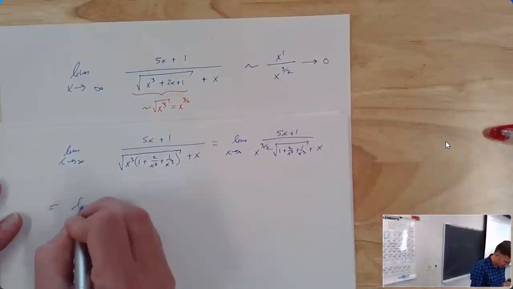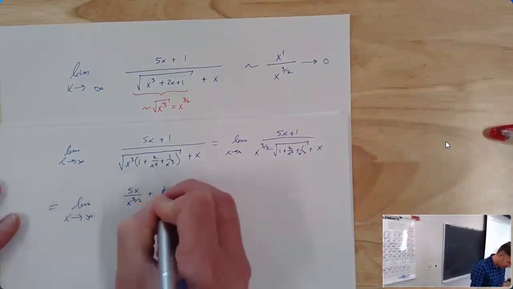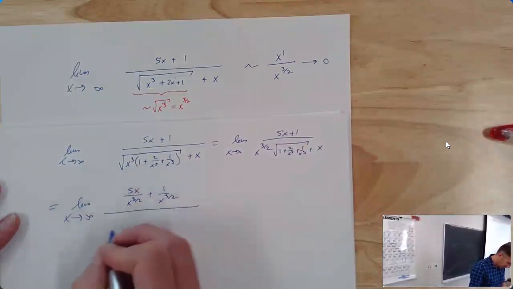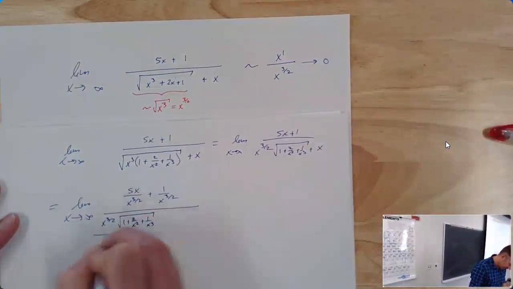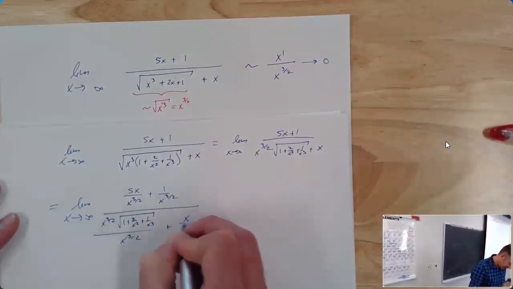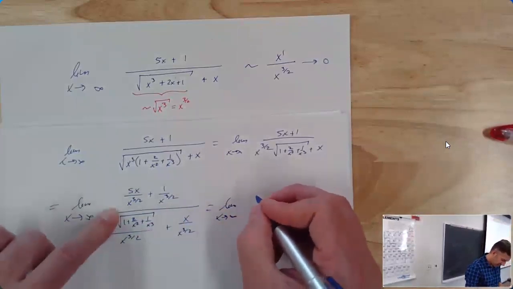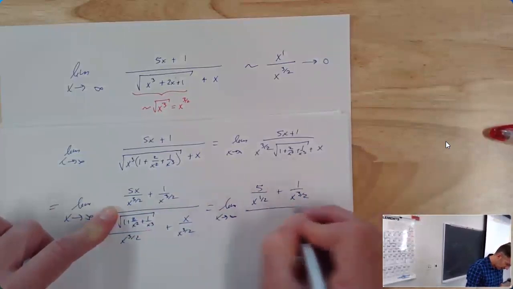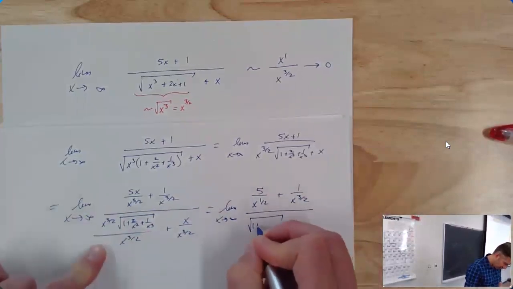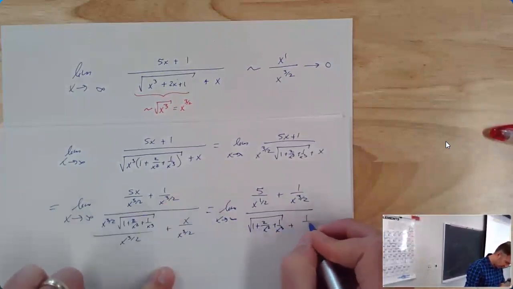So if we do that, we get the limit as x goes to infinity of 5x over x to the 3 halves plus 1 over x to the 3 halves, over this divided by x to the 3 halves plus x divided by x to the 3 halves, which simplifies to 5 over x to the 1 half plus 1 over x to the 3 halves, over the square root of 1 plus 2 over x squared plus 1 over x cubed, plus x over x to the 3 halves, which is 1 over x to the 1 half.